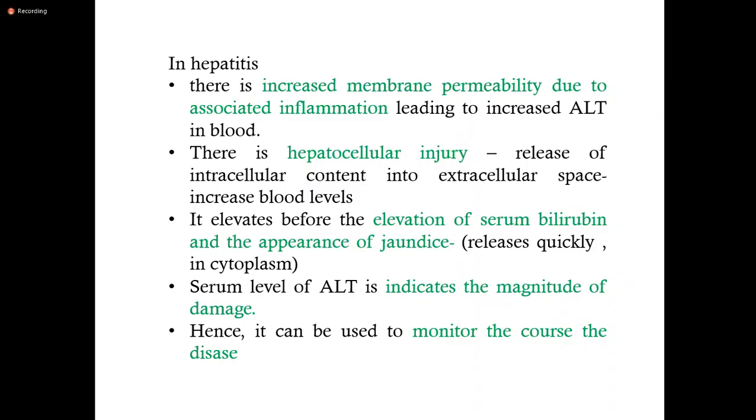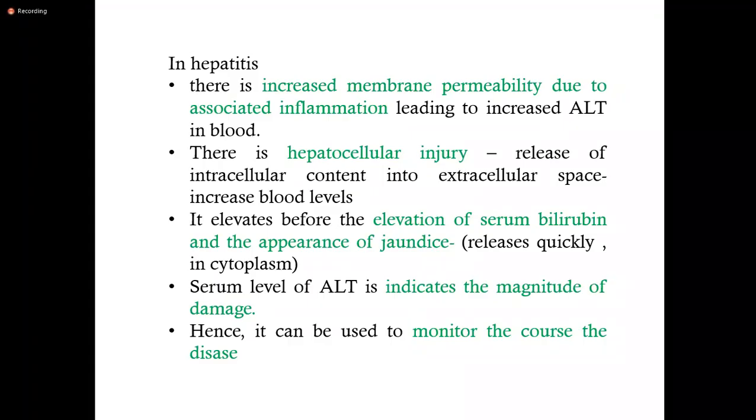On top of that, this patient has hepatocellular injury, with death of hepatocytes releasing intracellular content to the outside. ALT is present in the cytoplasm, so it gets elevated in the blood quickly in large quantities.